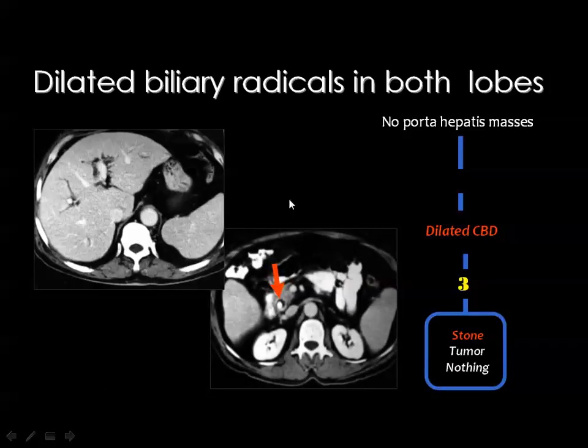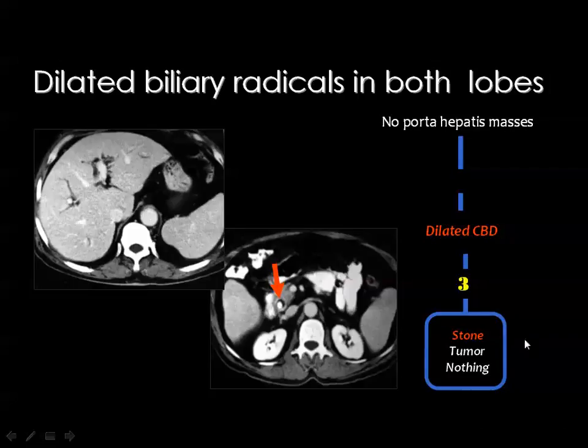Then this issue, you see dilated biliary radicals, and you follow the course of the common bile duct, and you see that the common bile duct is dilated, and you go down to its terminal part, and you see one of three possibilities. Either you see a stone, or you see a tumor, or you see nothing.